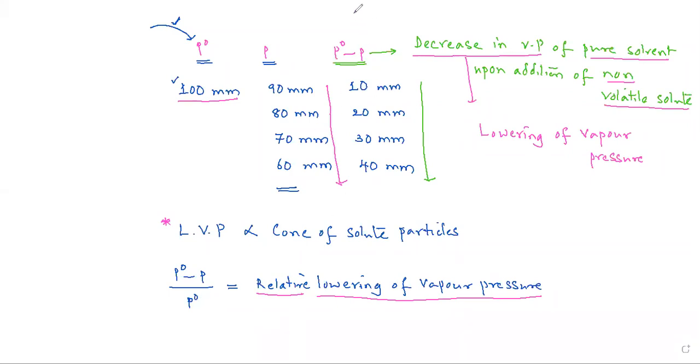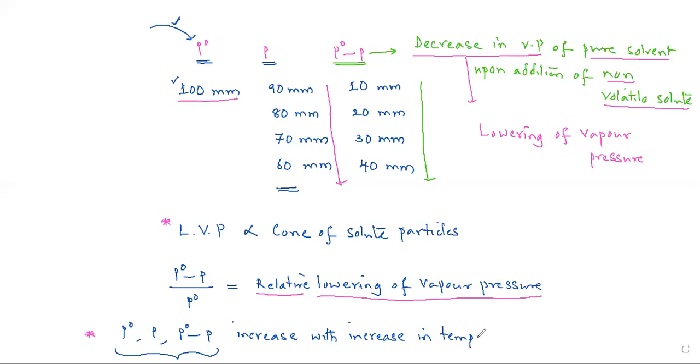Now, let me give you one more point. See, P naught, P, and P naught minus P, all three increase with increase in temperature.